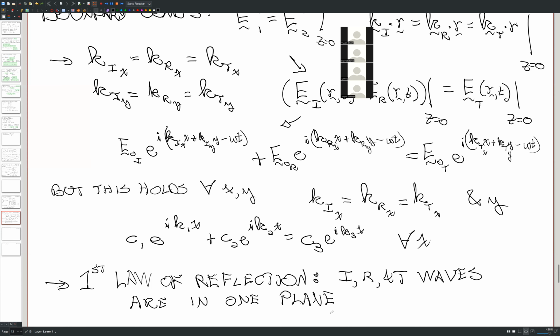If one has a certain x and y component, then so does the other one. If the incident has a certain xy component, then so does the reflected, so does the transmitted, and the only one that can differ then is the z component of the vector. This plane here is just called the plane of incidence. So that's the first law.